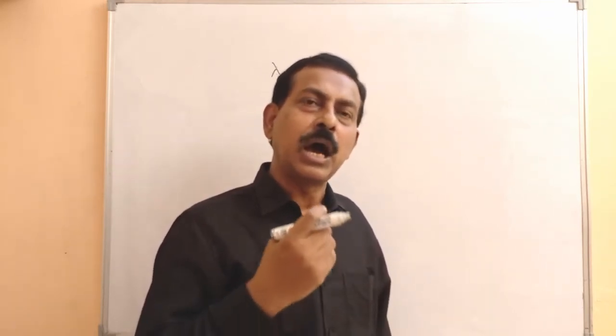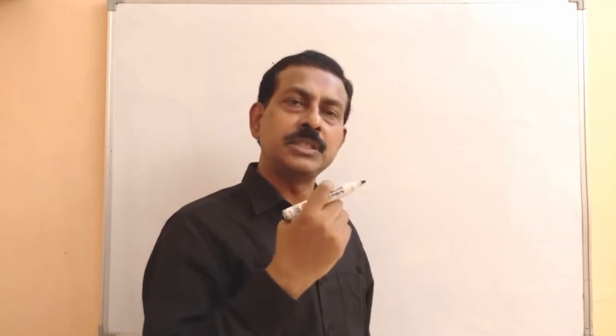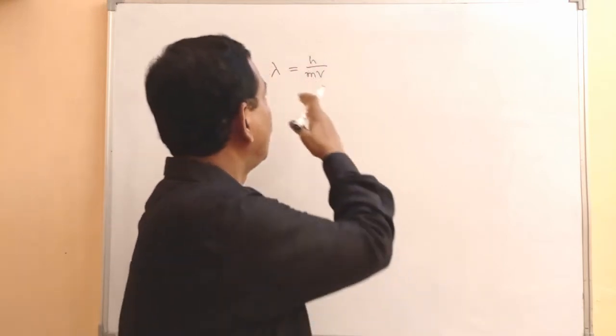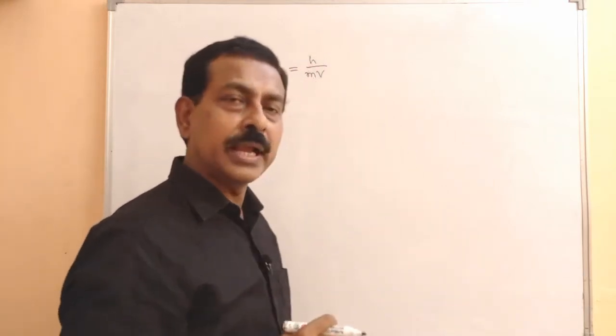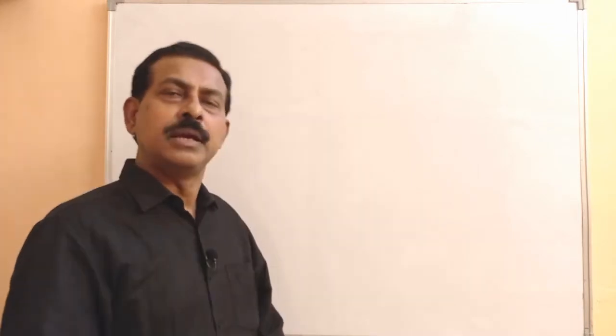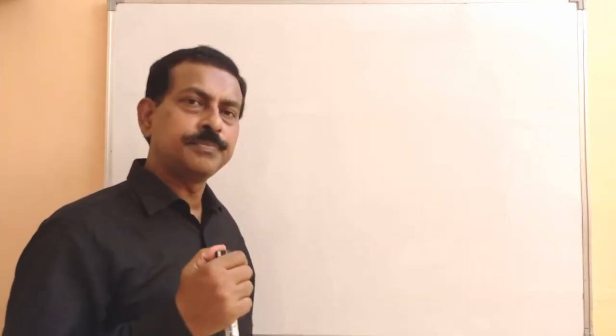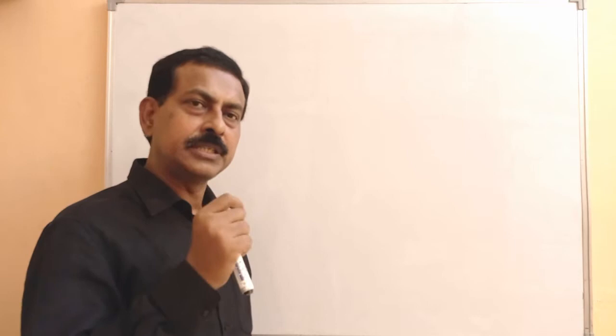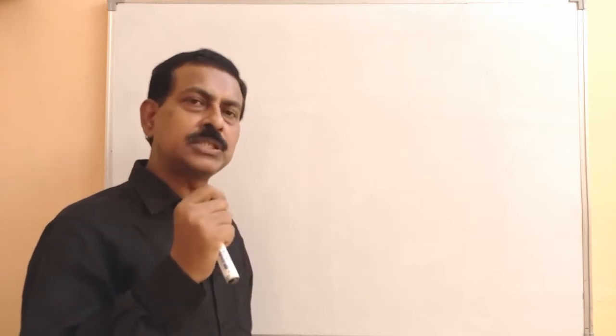So let's see how he got the expression lambda equals h by mv. Let us consider a photon having energy E and frequency nu.